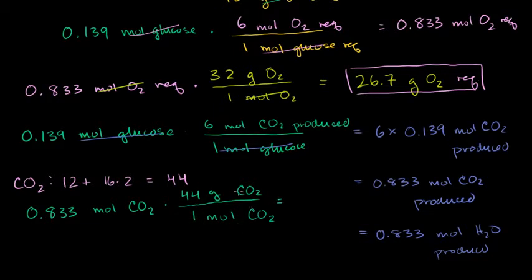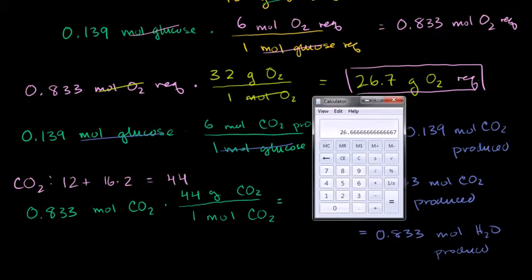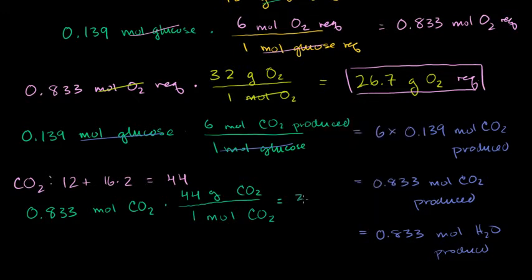So this is going to be 44 times 0.833, what do we get? 0.833 times 44 is equal to, let's just say, 36.7. 36.7 grams of CO2 are going to be produced. And then we're almost done.